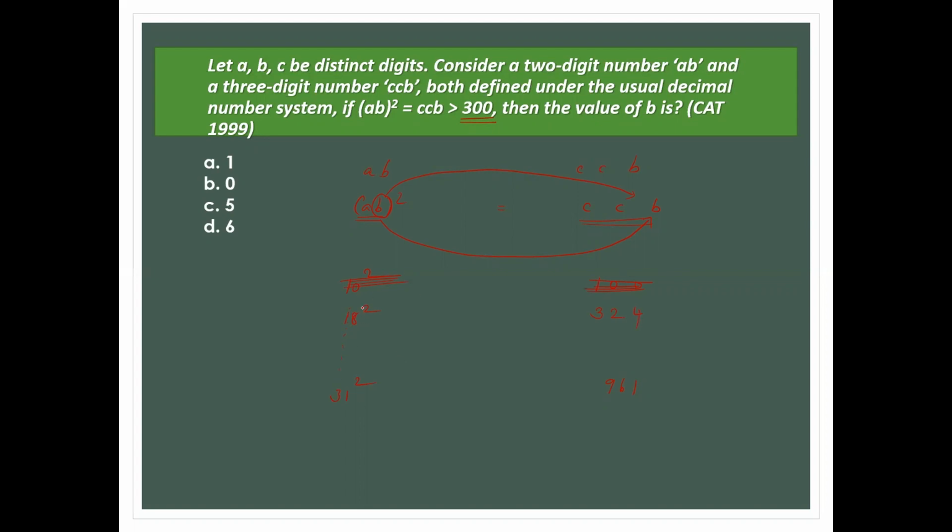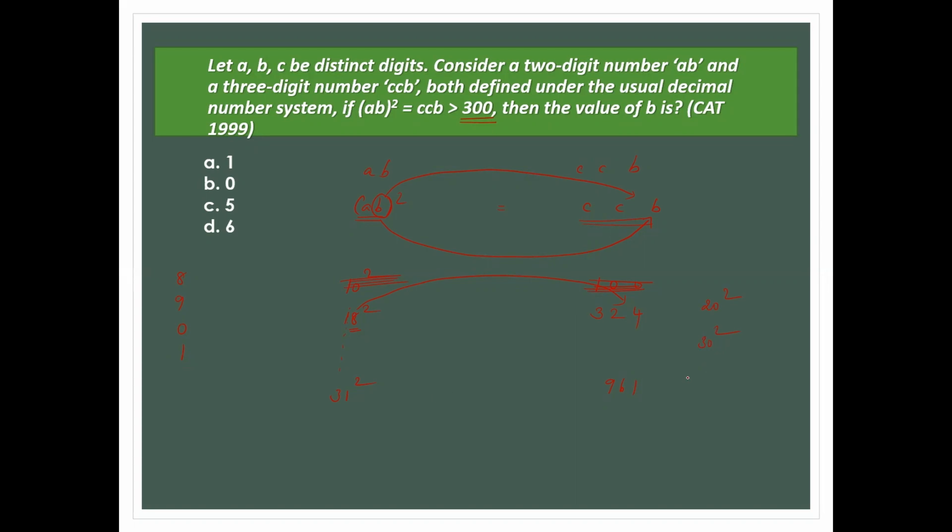Now the unit digit is coming as it is. If you have a unit digit of 8, 8 square gives you 4, right? If you have 9 square, that will give you 1. So 8 is not possible, 9 is not possible in the units place. Now 0 is possible, so I can take 20 square, or I can take 30 square as well. Now 1: any number with a unit digit of 1, in the square also the unit digit becomes 1.